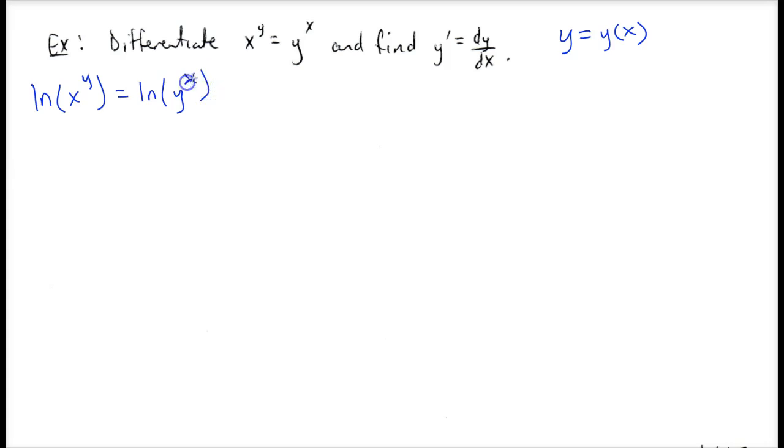And by taking the natural log of both sides, we can now exploit the logarithmic property that says that anytime we have the log of something raised to an exponent, we can pull those exponents out and multiply in front. So this will be y times natural log of x equals x times natural log of y.